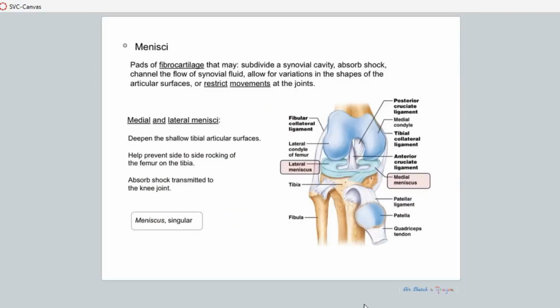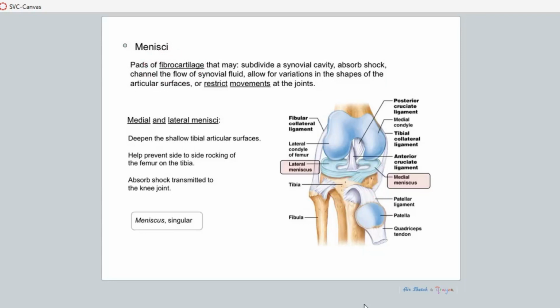Another thing we can find in synovial joints, and that we do find in the knee joint specifically, are menisci. And menisci are made up of fibrocartilage that do different things here. But specifically in the knee, we have two of them, and these are found on the tibia. And we have a medial meniscus that's located medially, and a lateral meniscus here.